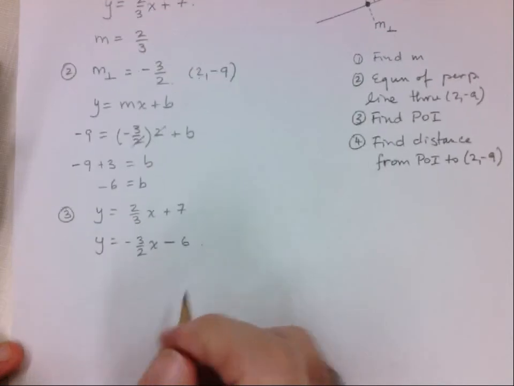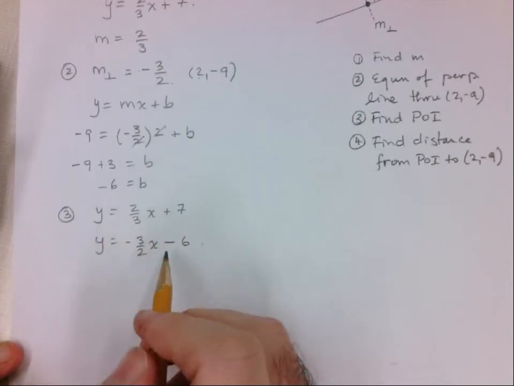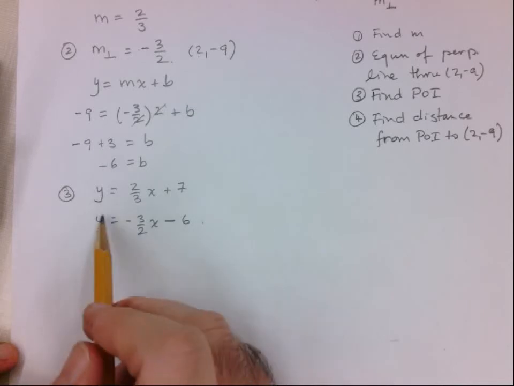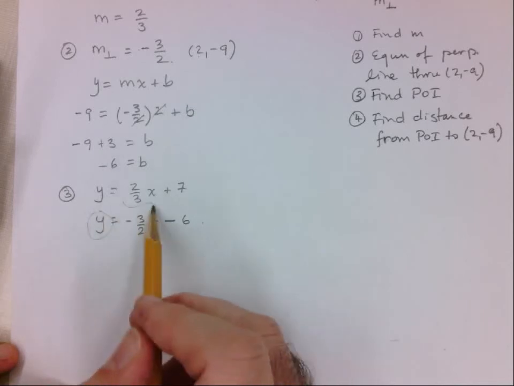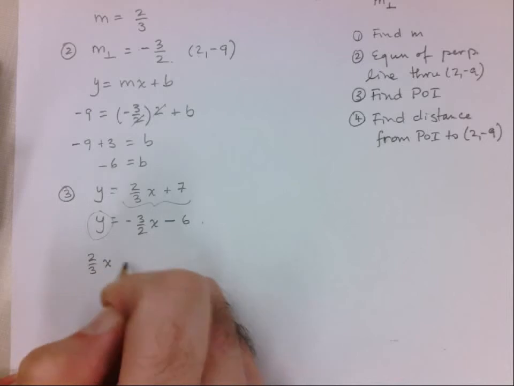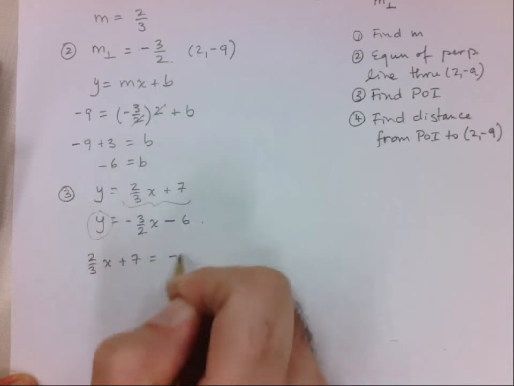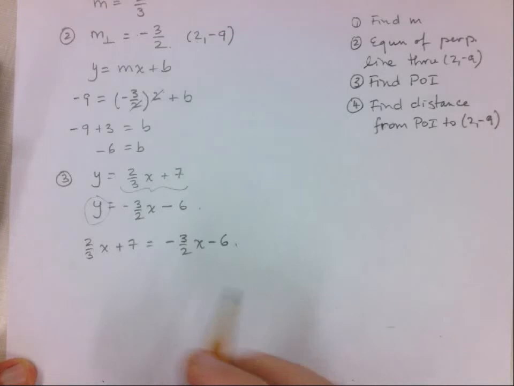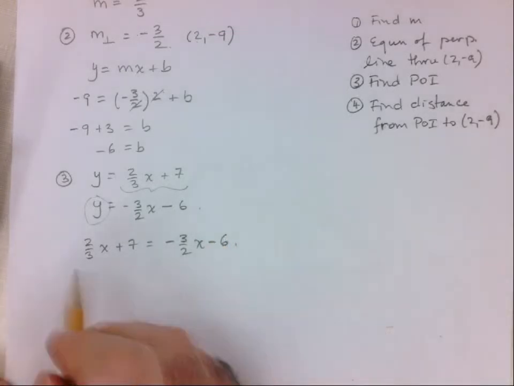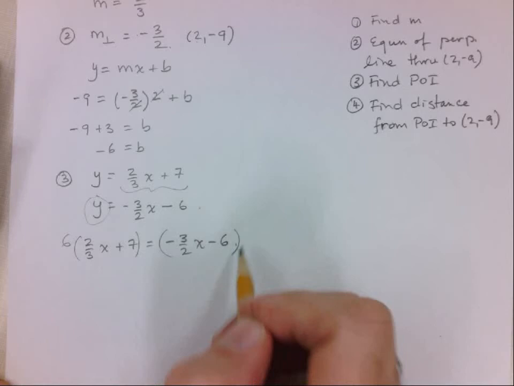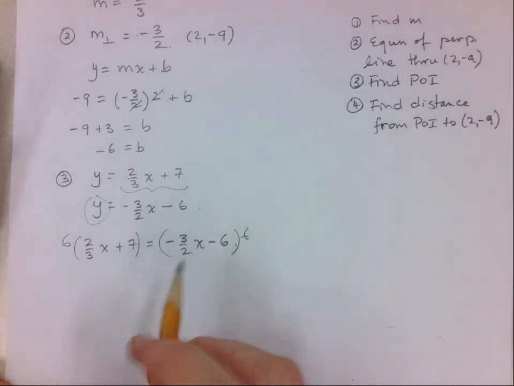Since the y's are already isolated, it makes sense to use substitution here. I'll substitute the y value by the expression 2/3 x plus 7. So 2/3 x plus 7 equals negative 3/2 x minus 6. As I always suggest, multiply both sides in order to get rid of those denominators. If I multiply both sides by 6, that'll do the trick.